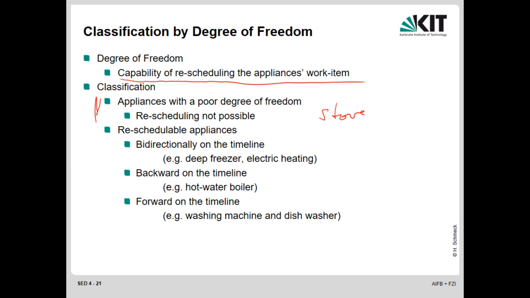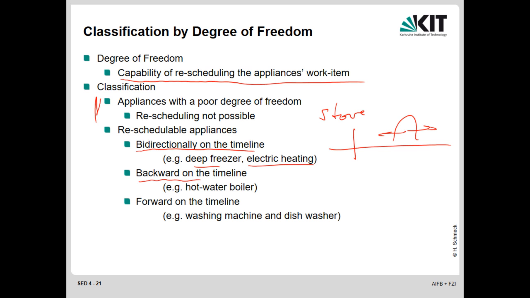If you have a deep freezer or electric heating, like a heat pump, that can be moved bidirectionally on the timeline. If you want to use power to run your heat pump, you can move that back and forth, start a little earlier or later, and it does not conflict much with the temperature requirements. Backward on the timeline, for a hot water boiler, for example, you have to provide hot water at a specific time.